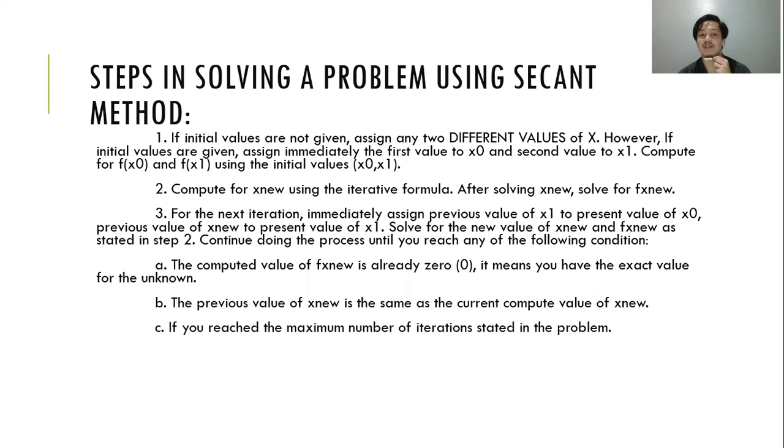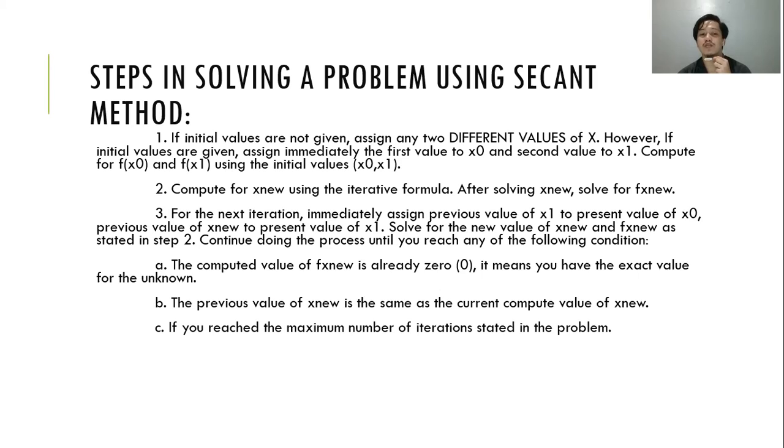For the next iteration, immediately assign previous value of x1 to present value of x0, and previous value of x new to present value of x1. Solve for the new value of x new and f of x new as stated in step 2. Continue doing the process until you reach any of the following conditions.